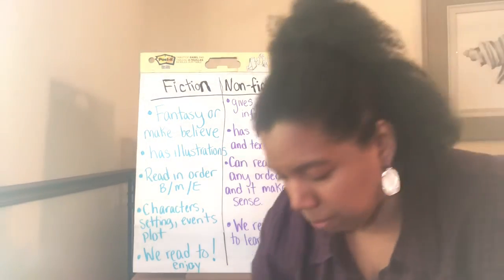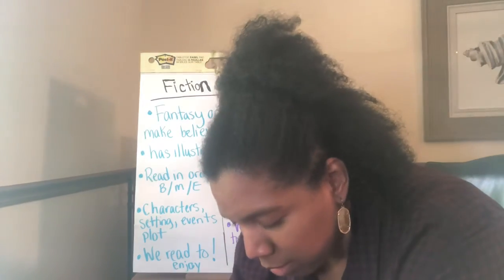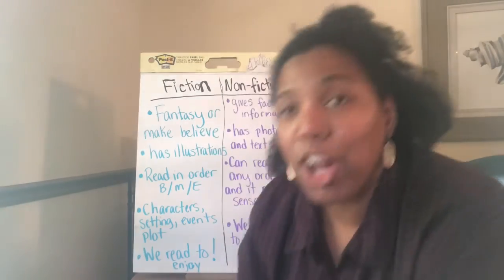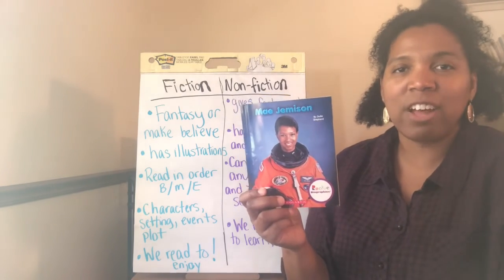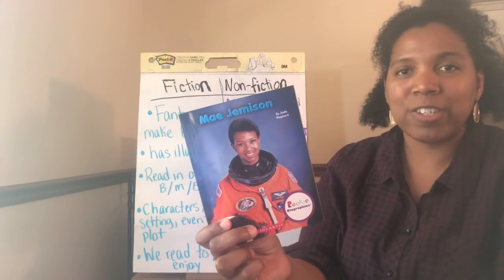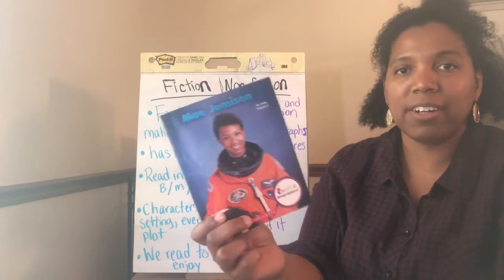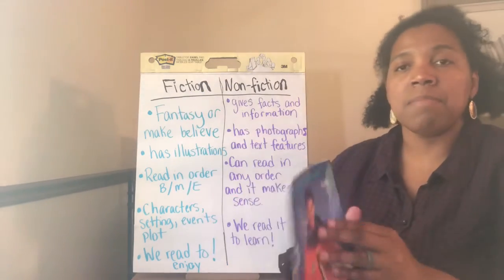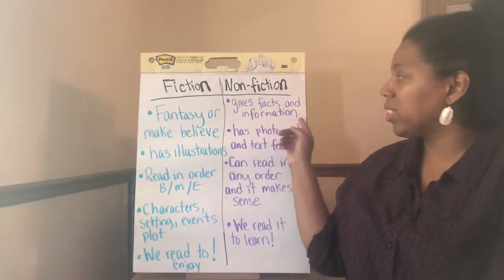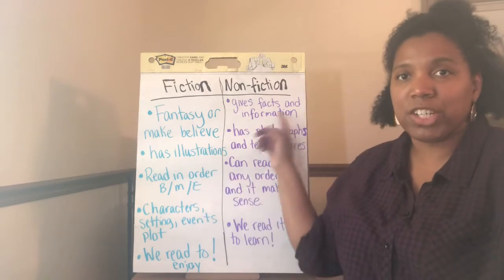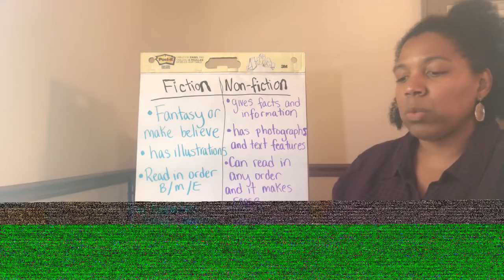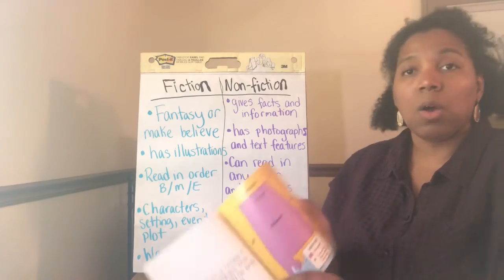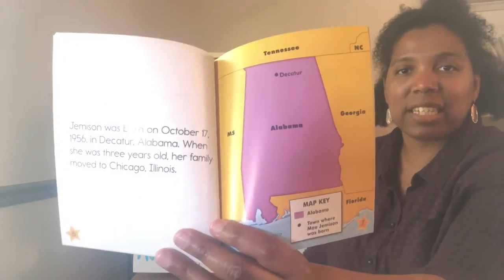Now, let's check out our girl, Mae Jemison. Mae Jemison is an astronaut that we read about during our space unit, and we also talked about her for Black History Month. Mae Jemison is a real person. She's not a character. This is factual information about her life. When we open it up, I see a map. That's a text feature.